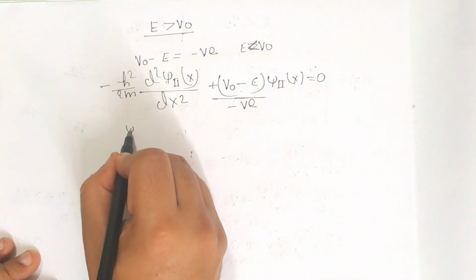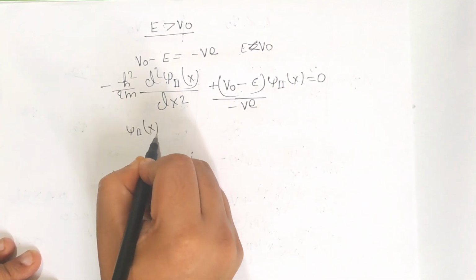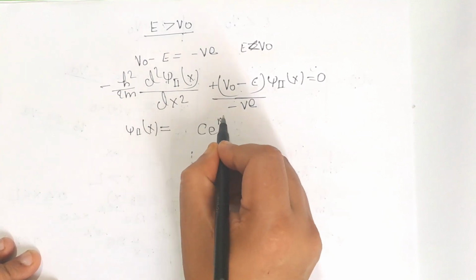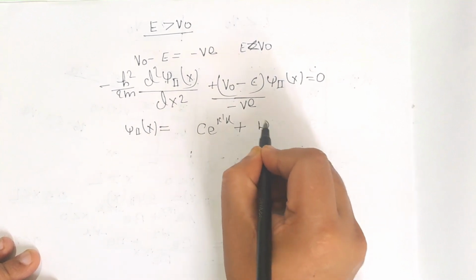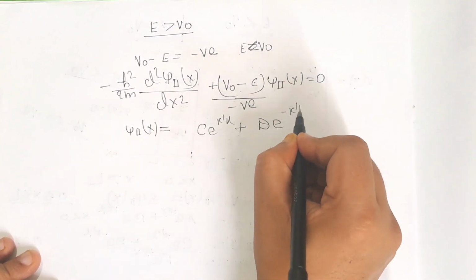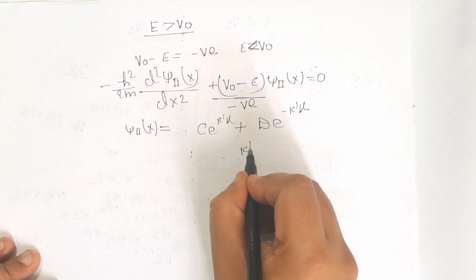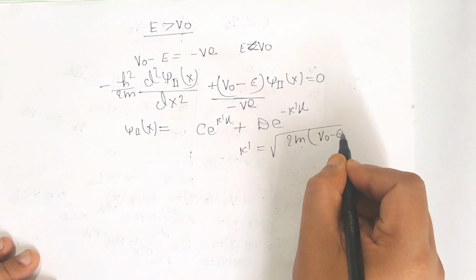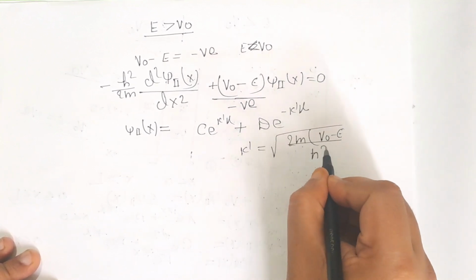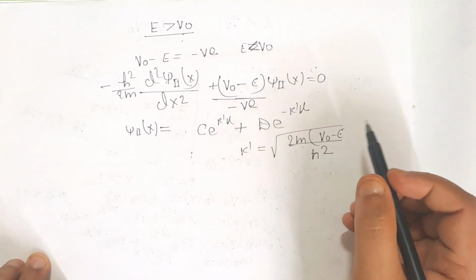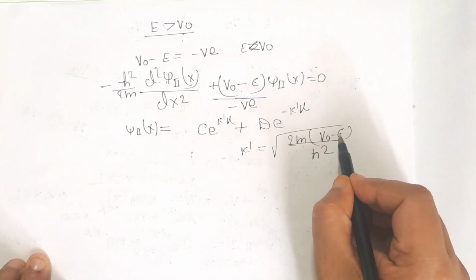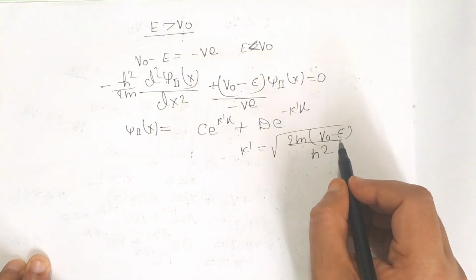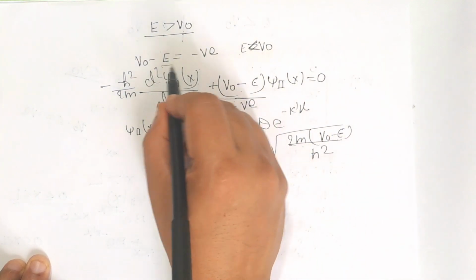In that case, psi 2 was c e to the power k dash x plus d e to the power minus k dash x. k dash was root of 2m(V0 minus E) divided by h bar square, and here V0 minus E is positive, but when E is greater than V0, V0 minus E will become negative.